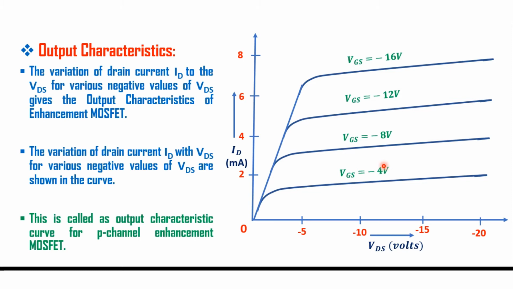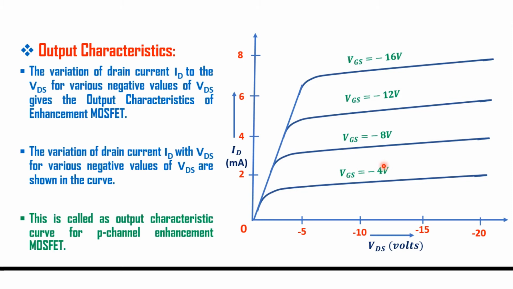Here we have to understand one thing: when drain to source voltage is kept 0, the channel will be rectangular in shape and it will become wedge shaped when drain to source voltage is increased.